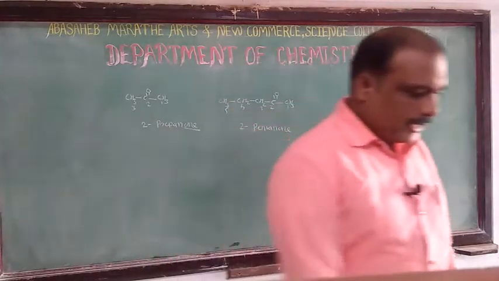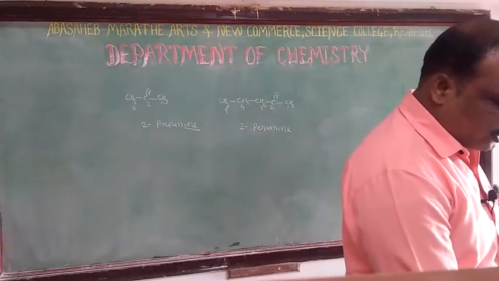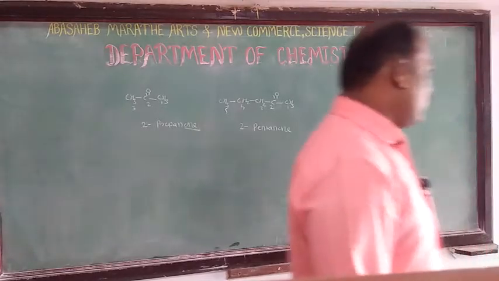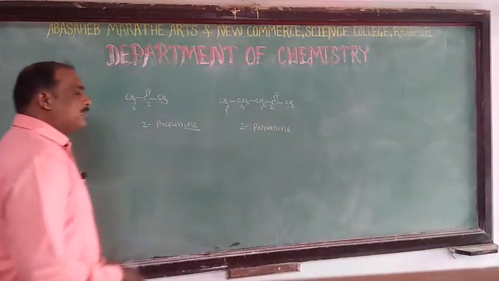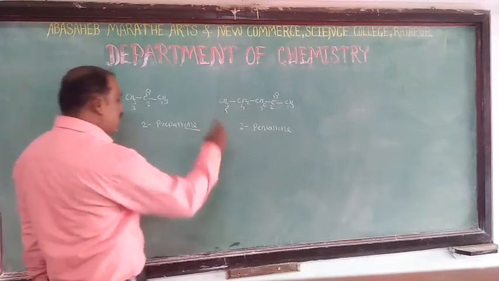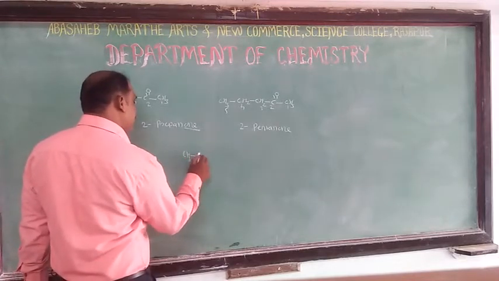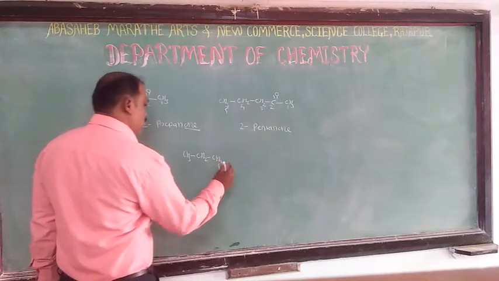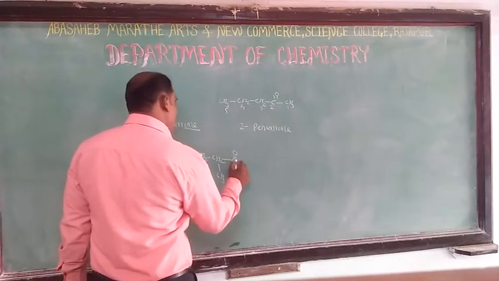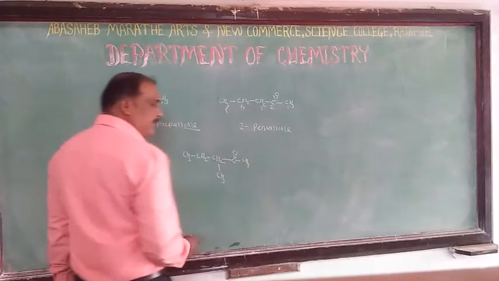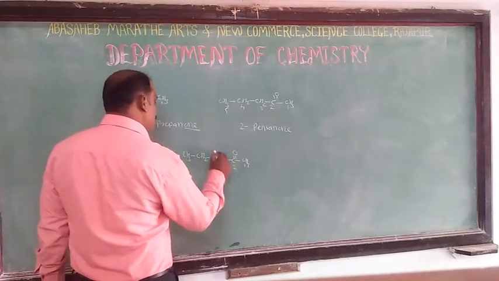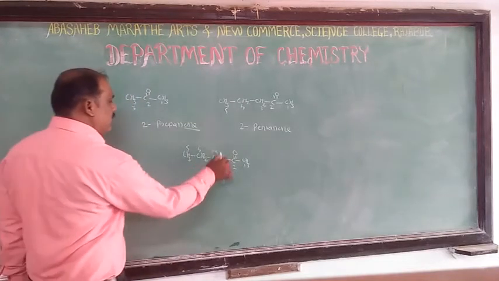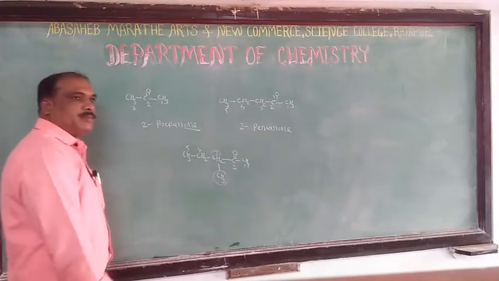Now we will see other examples of these ketones. If a substituent is present in the chain of the ketone group, the numbering starts 1, 2, 3, 4 and 5. But at the third position it has a methyl group.